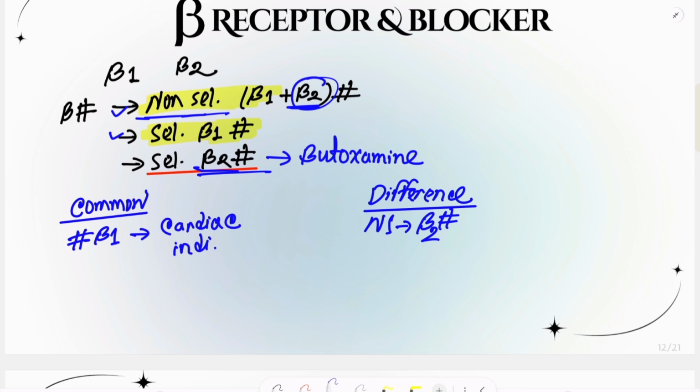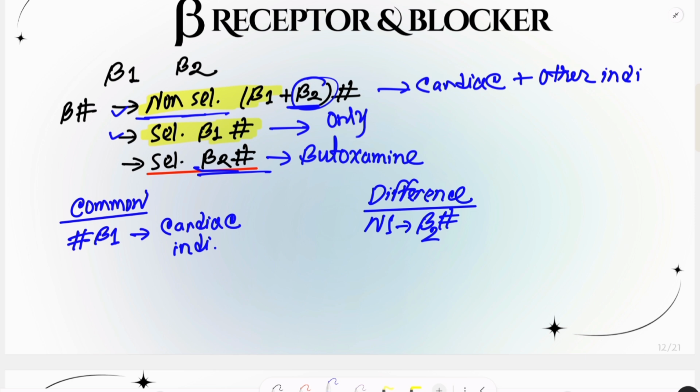The non-selective one has cardiac indication as well as other indications, but the selective beta 1 has only cardiac indications. So in which condition do we want to selectively block the beta 1 receptor?